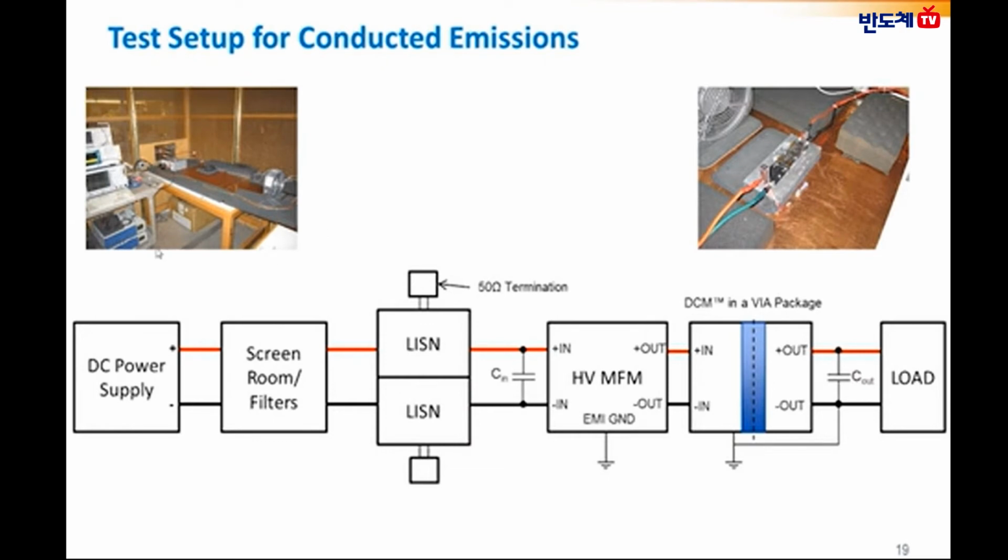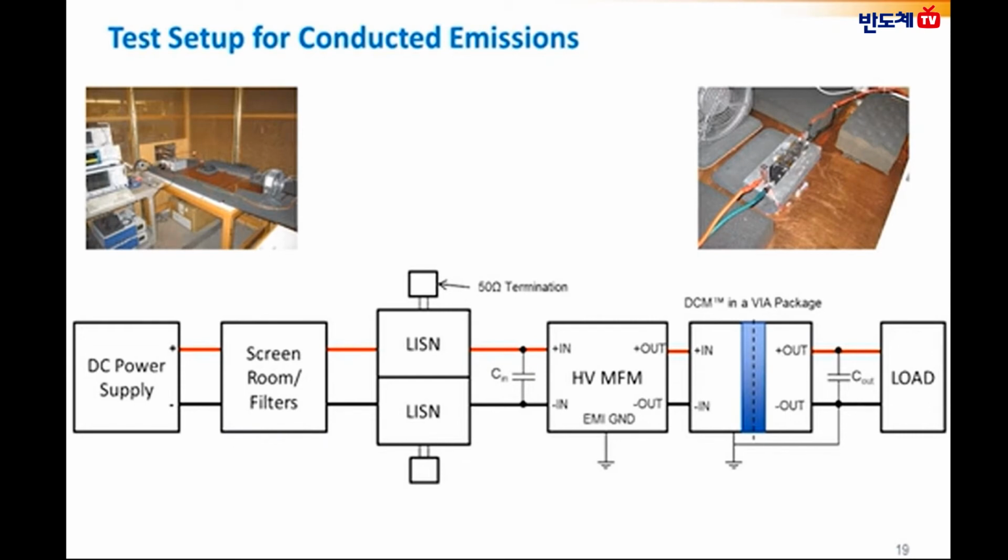To avoid any switching frequencies or any noise coming from the DC power supply, the DC power supply is placed outside the Faraday cage, and the Faraday cage or the screen room is equipped with DC line filters, which attenuate high frequency, low frequency, as well as radio frequency noise coming from the DC power supply or coming through the environment.